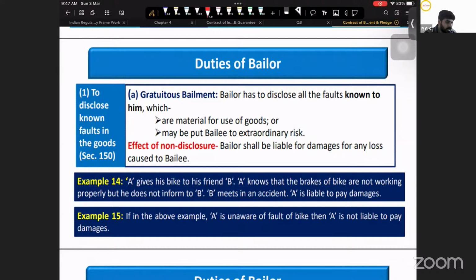So you know that your car's brakes are not working perfectly fine. Now it becomes your duty to inform your friend that the brakes are not working fine.